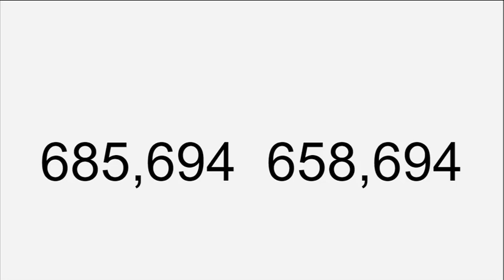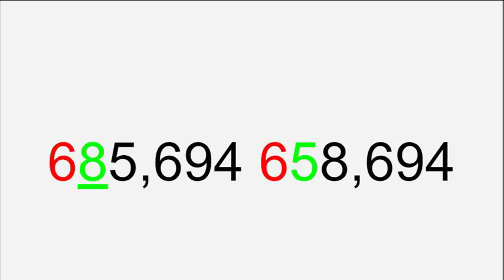Next, we will compare 685,694 and 658,694. Both numbers have 6 digits, so we'll start with the hundred thousands place value.